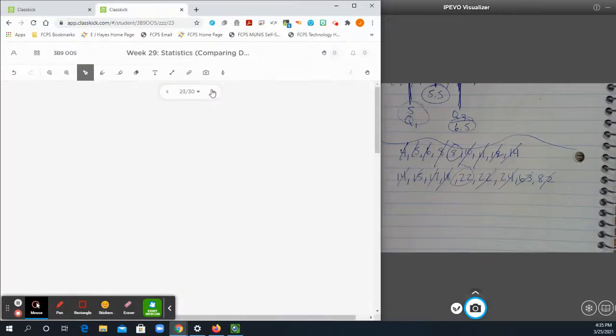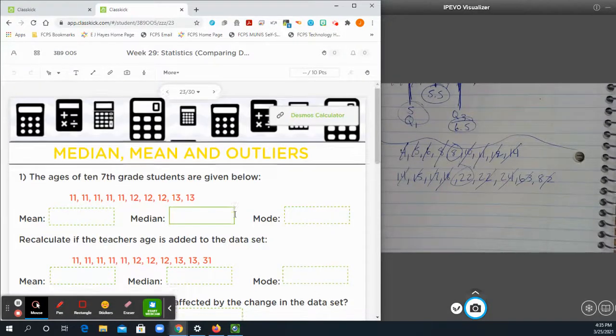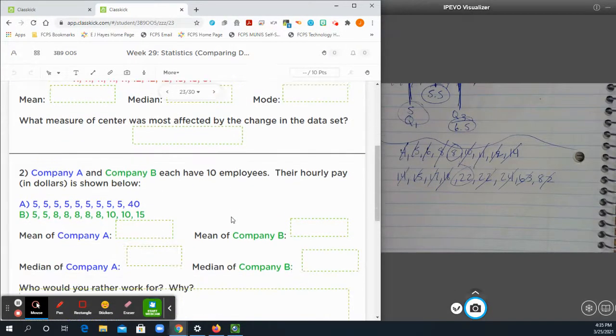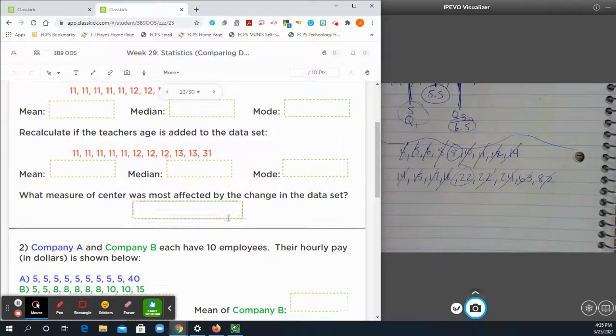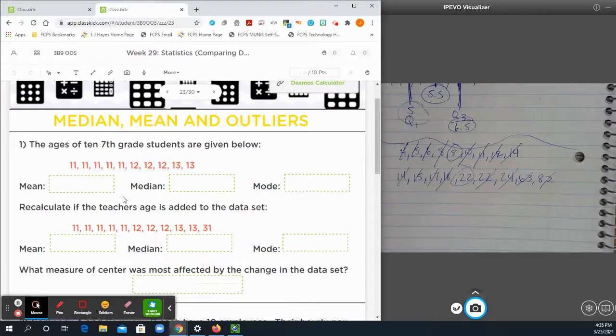Let's jump on to slide 23, and I'm going to leave you on slide 23 here in just a second. I'm not going to rock through all of these, but I do want to point out that this set is the same set as this, except they've added 31, which is a number that's pretty significantly bigger than the other biggest number. So I would consider that to be maybe an outlier.